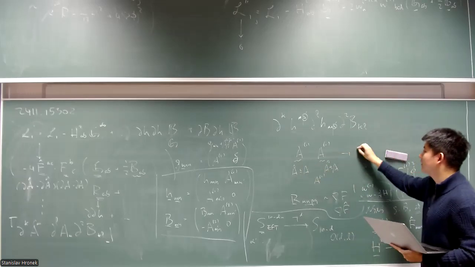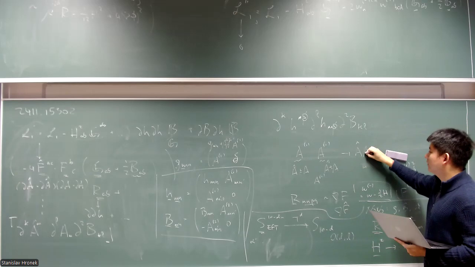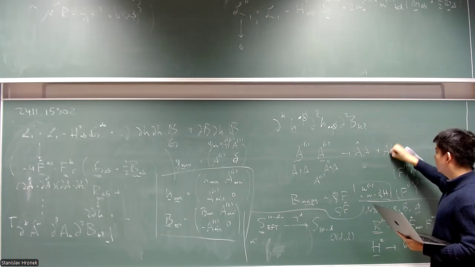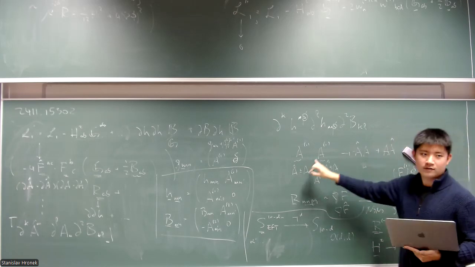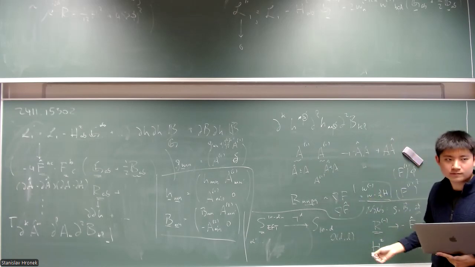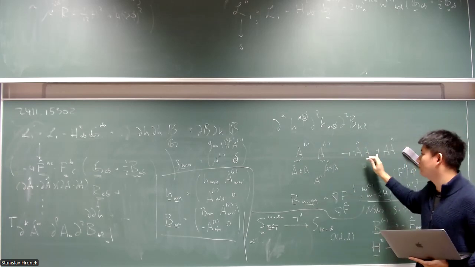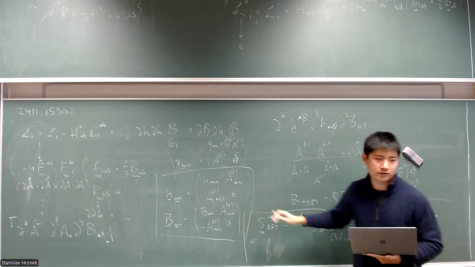It will give us something, so that's what we expect, right? And then we might hope that this somehow will give this and it will cancel the reduced one.